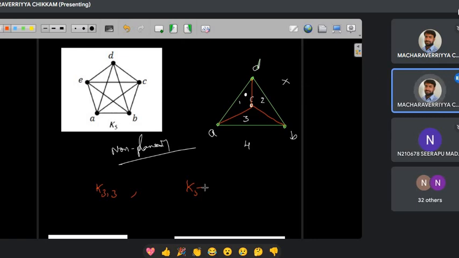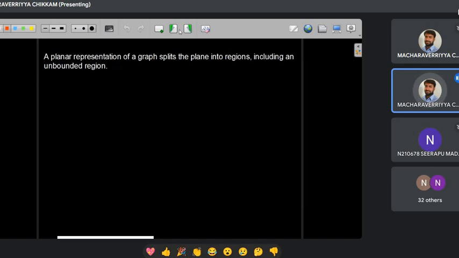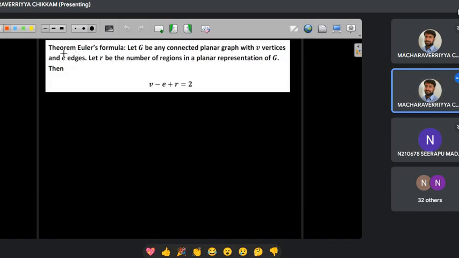Let me quickly show you the relation between the number of regions, edges, and vertices, which is given by the Euler theorem. This is what we call the Euler formula.